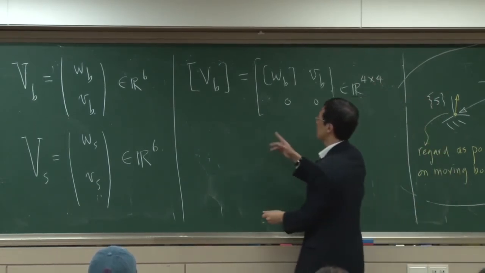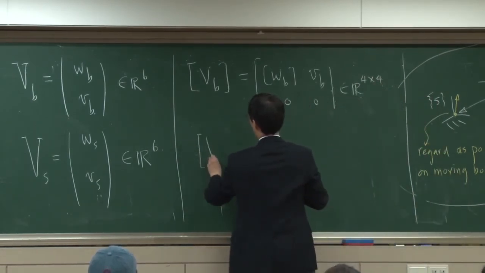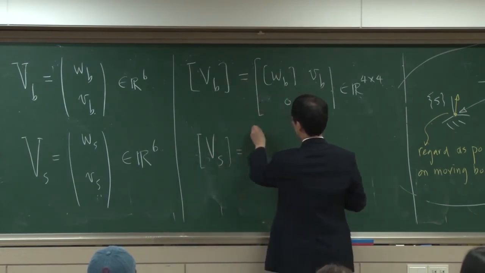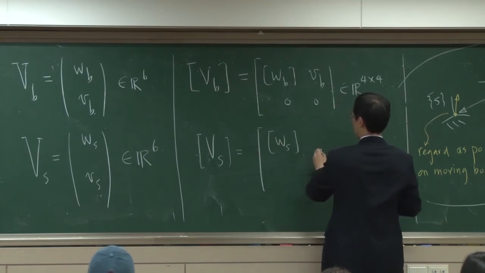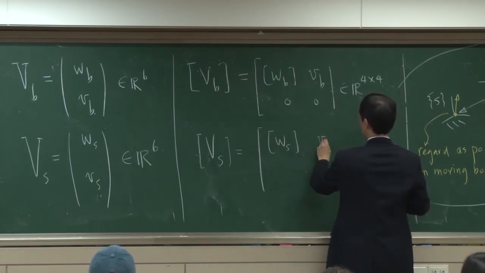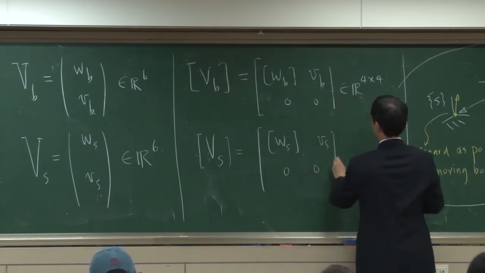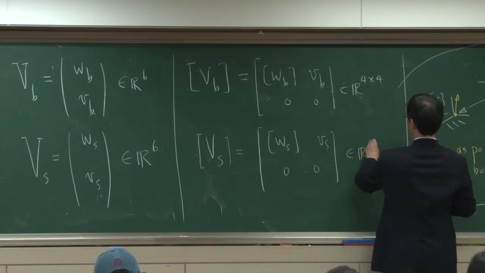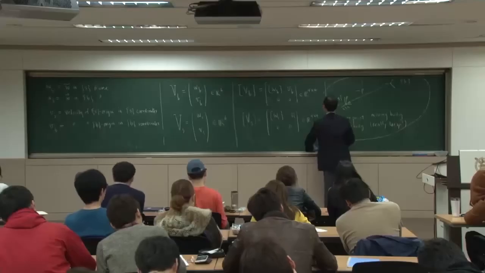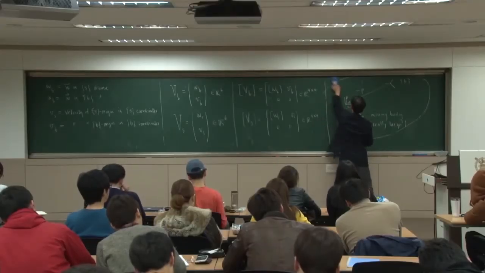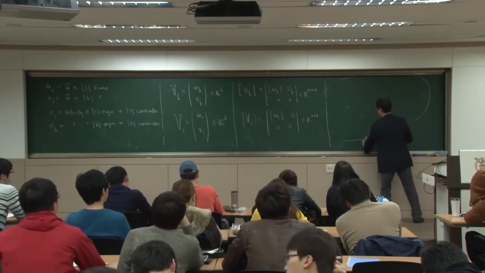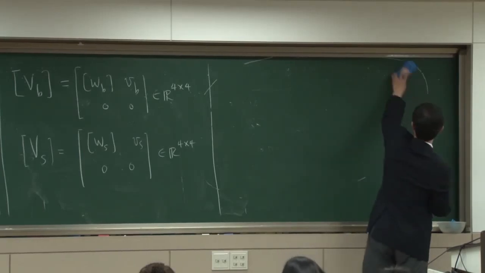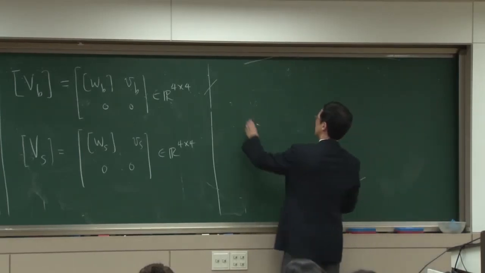And same thing with V sub S. It's the 4x4 matrix version of the six-dimensional V sub S. Again, 4x4. And remember that we got V sub B and V sub S in square brackets from the following.